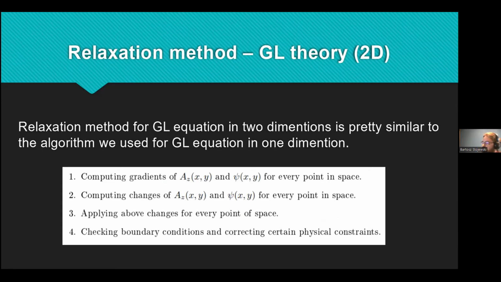Alpha and beta are simulation parameters, and we try to assume Az and psi from X and Y. Here is the description of the steps we should do to solve Ginzburg-Landau theory for the 2-dimensional problem.